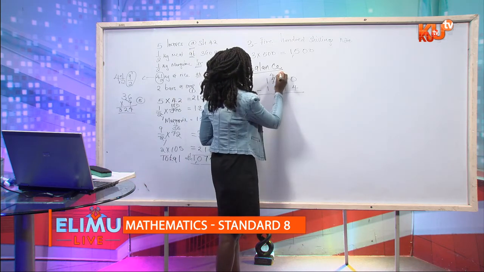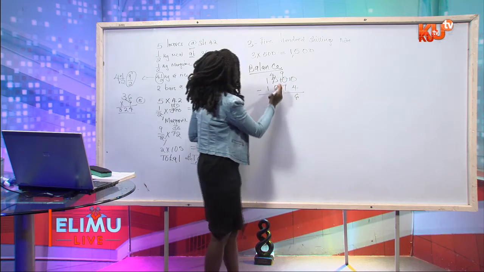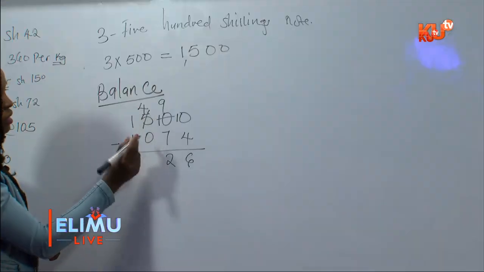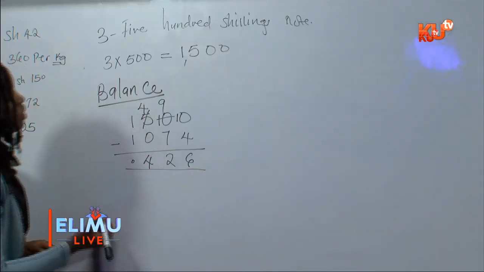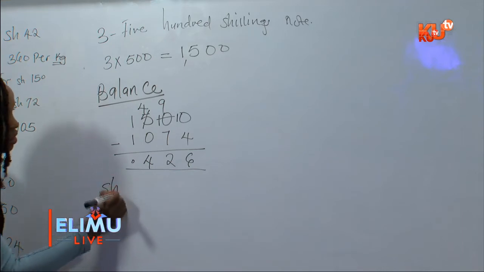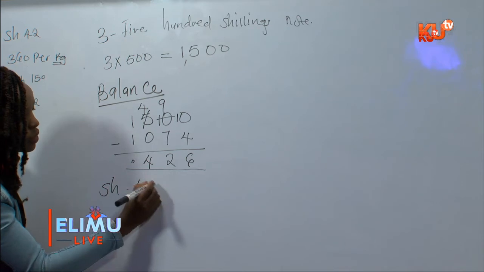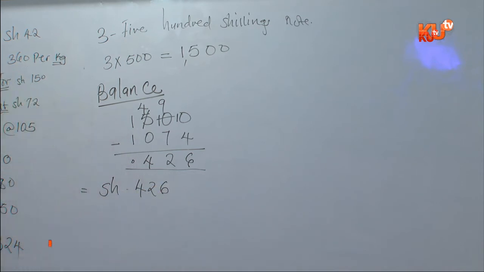I borrow again, remain with 9. 10 minus 4 is 6. Then 9 minus 7, I get 2. 4 minus 0 is 4. 1 minus 1 is 0. So my balance is 426 shillings.